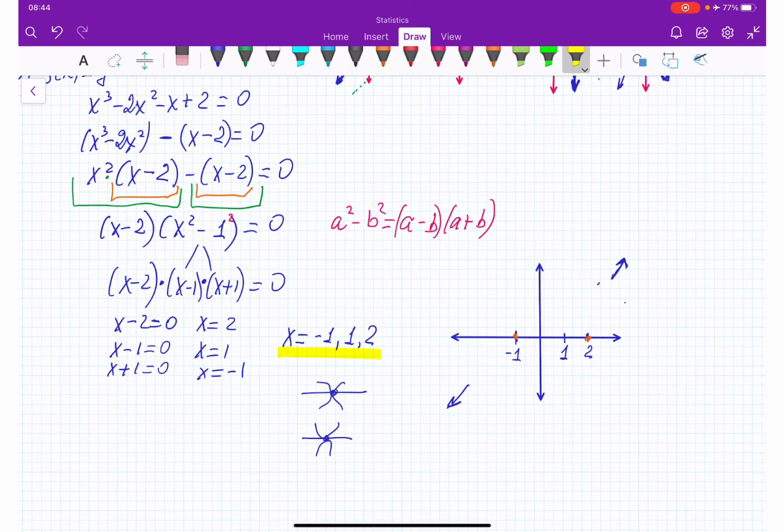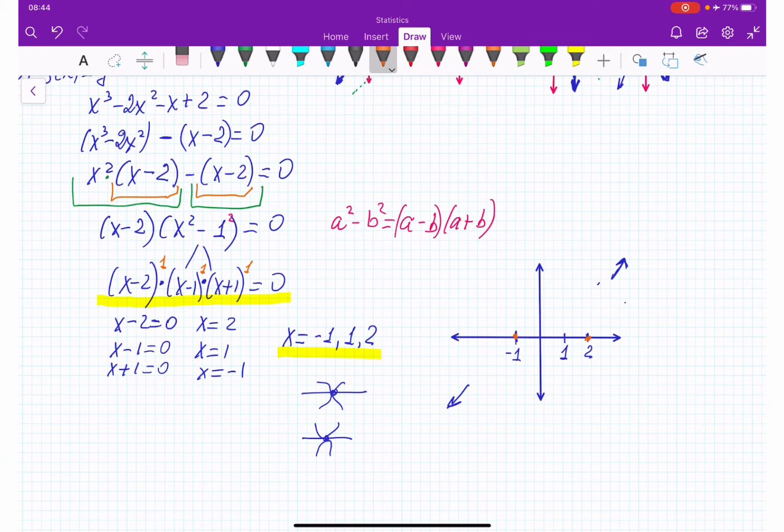I have x minus 2, x minus 1, x plus 1, when I broke it down completely before I found the answer. What is the degree of this parenthesis here? Degree is 1. Here also degree is 1. Here also degree is 1. Now, those we call multiplicity.